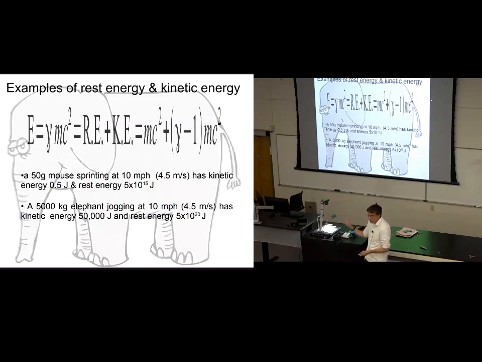That's quite a lot of energy, right? That's why it's hard to stop the elephant. But its rest energy, well, that's really huge. That's 5 times 10 to the 20 joules, calculated based on E equals mc squared. So this gives you an idea of the scale of rest energies and kinetic energies of everyday objects. Kinetic energies, which are the things we notice, are just little tips of the iceberg compared to the rest energy.